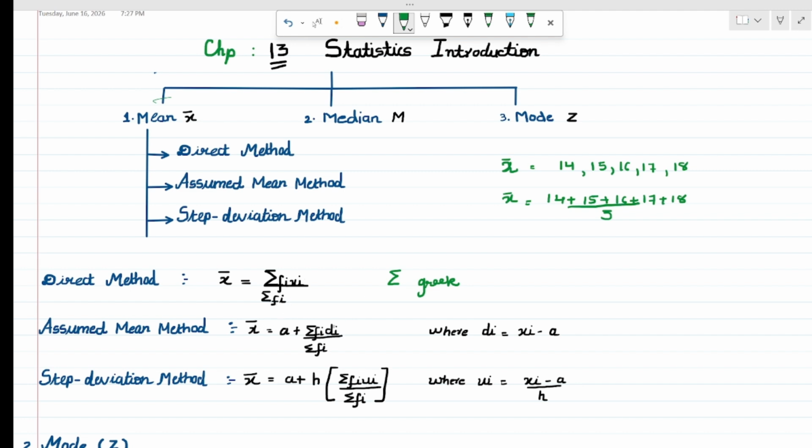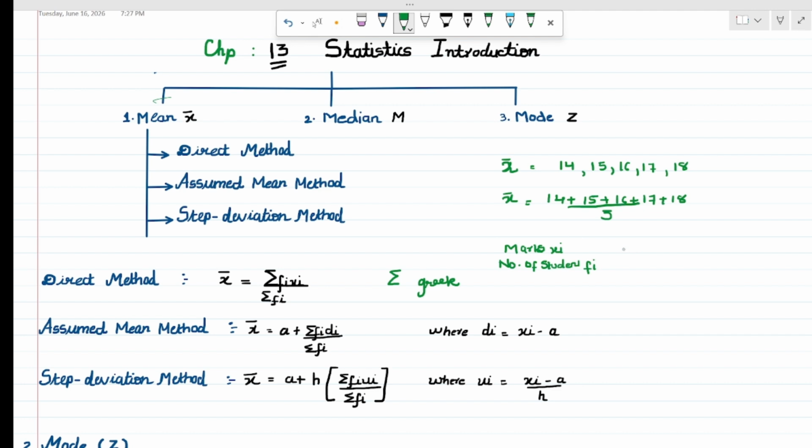Say for example, you are given the data of marks and number of students. This is the data given in your question paper. So the marks become your xi and the number of students becomes your fi.